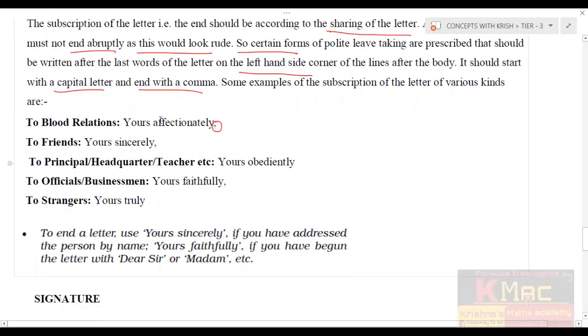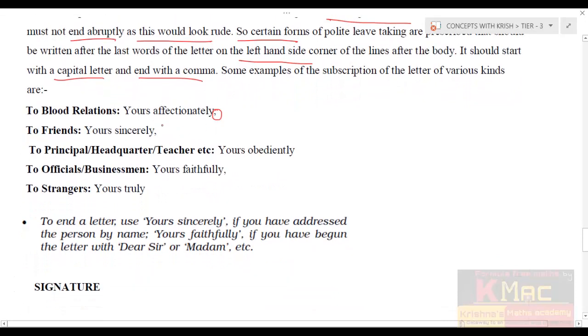When you are writing a letter to blood relatives, you write yours affectionately. To friends, you can write yours sincerely or yours lovingly. And one more thing, you're writing yours. Yours with an apostrophe s is wrong, this is right, because apostrophe s means possession. Pronouns cannot use possessions.